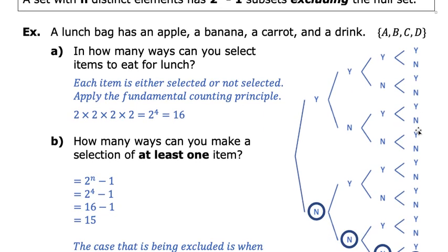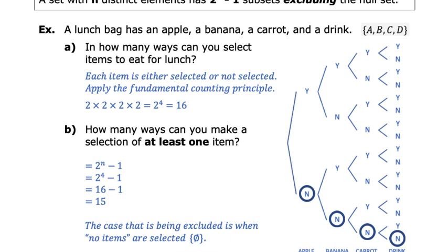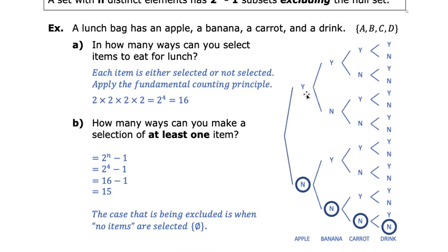This example is going to be an illustration to help explain why we have this case of subtracting 1 and when it applies. How many ways can you select items to eat for lunch?